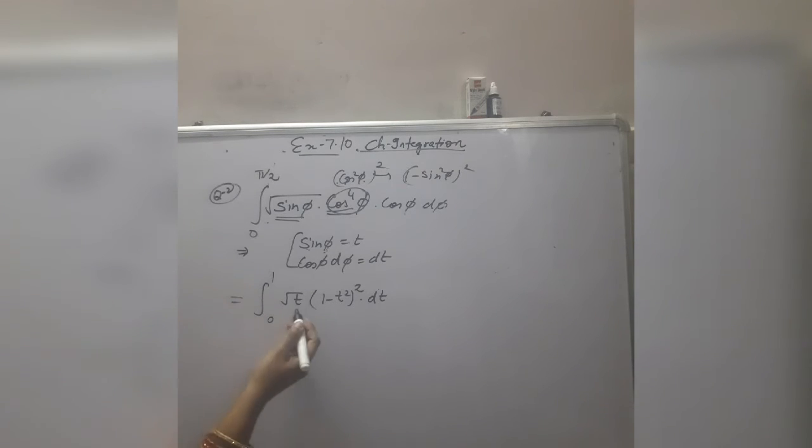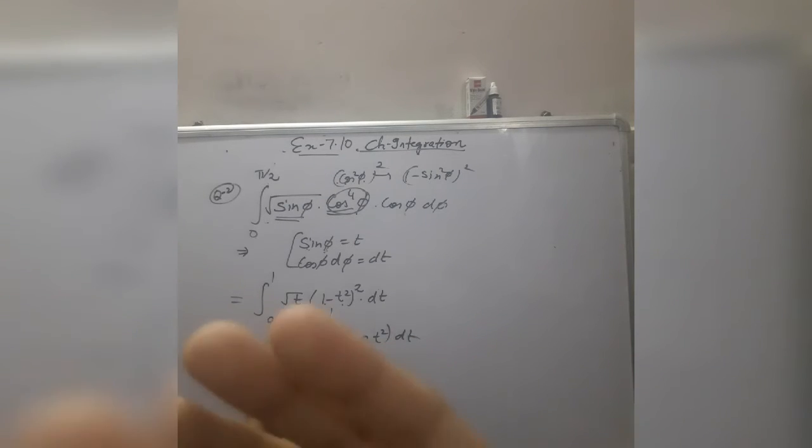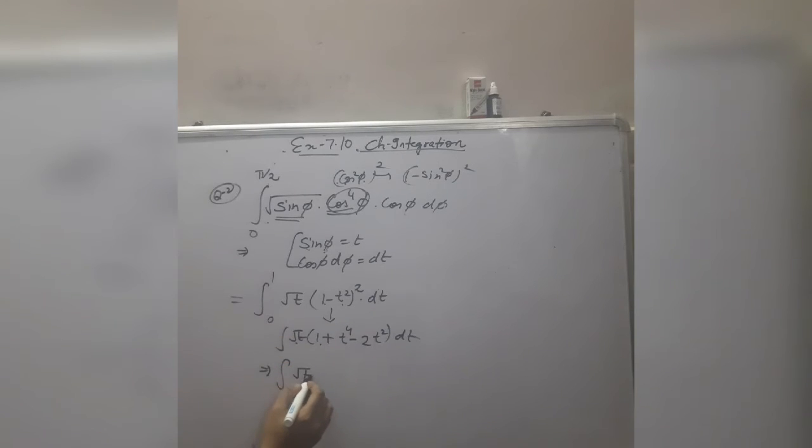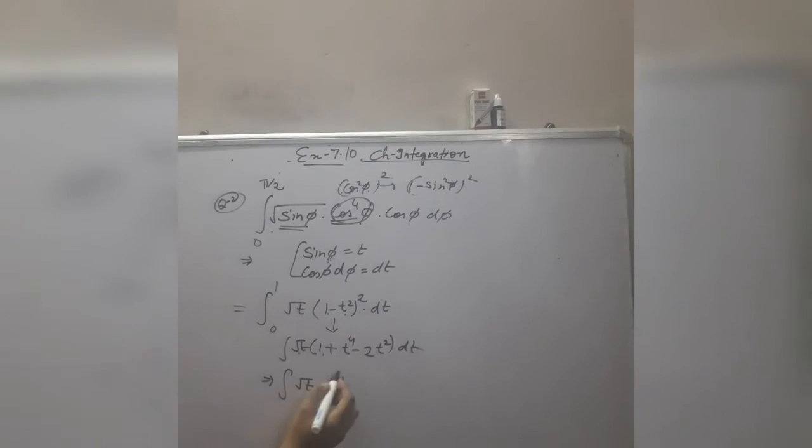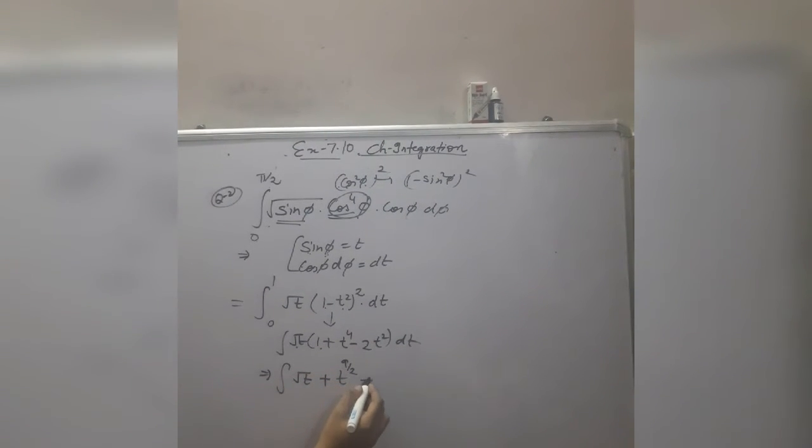Now very easily you can integrate it. Firstly, use the identity of a minus b whole square. It becomes 1 plus t raised to power 4 minus 2t square. Now multiply root t inside. Root t into 1 becomes root t. t raised to power 4 into t raised to power half becomes t raised to power 4 plus half, 4 plus half means 9 by 2.